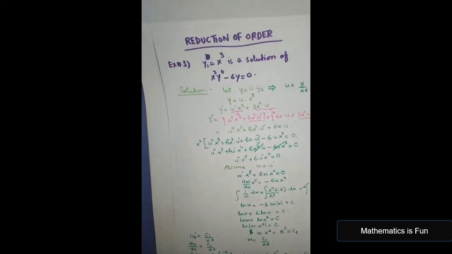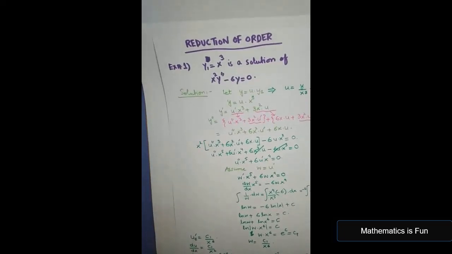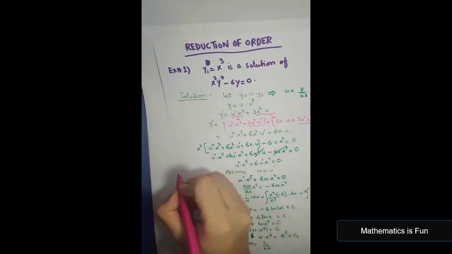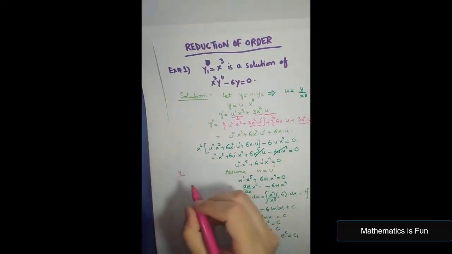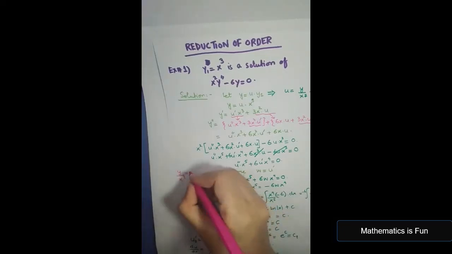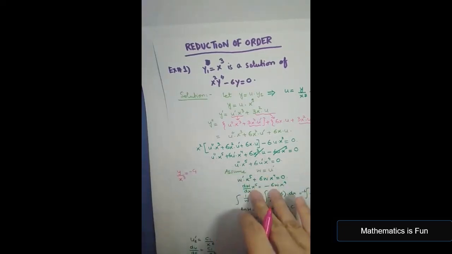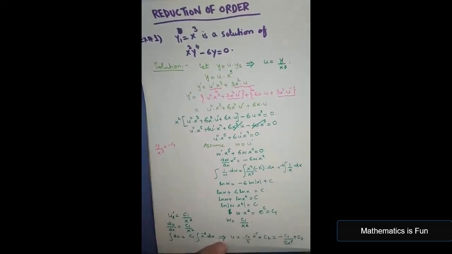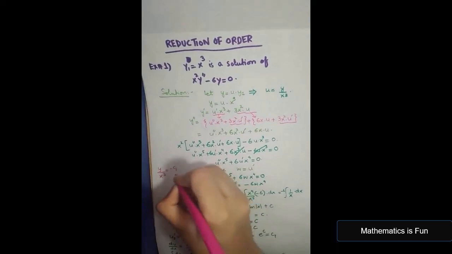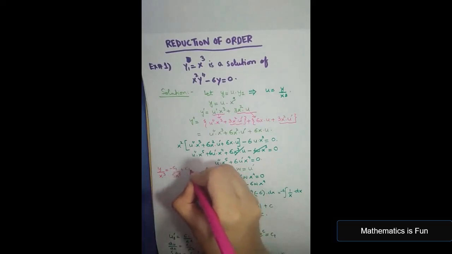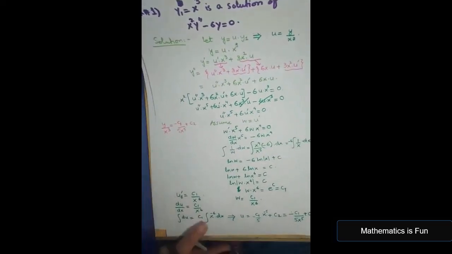Replacing u with y by x cubed equals minus c1 divided by 5 x to the power 5 plus c2. I am writing it on one page so that you can relate each and every statement.